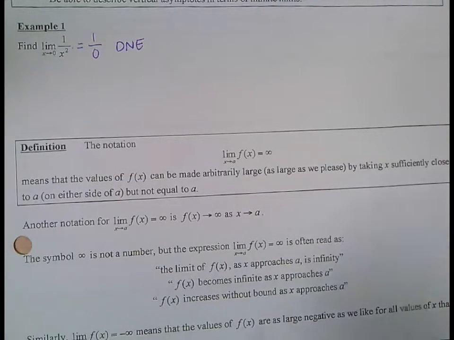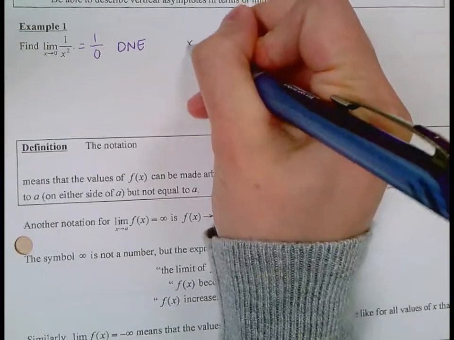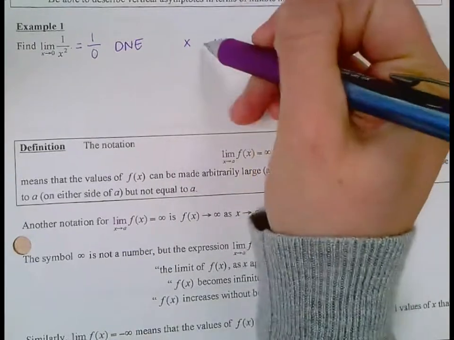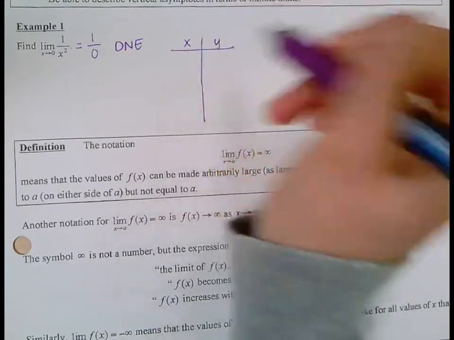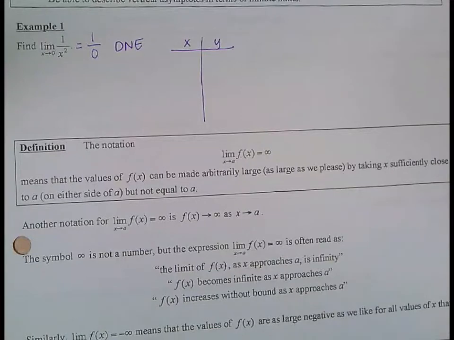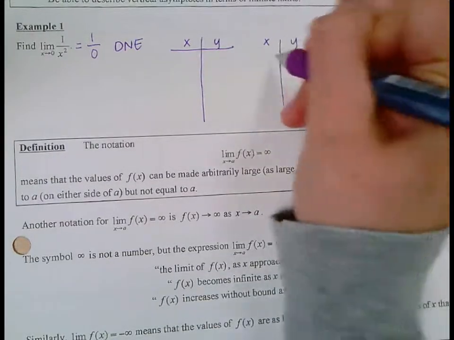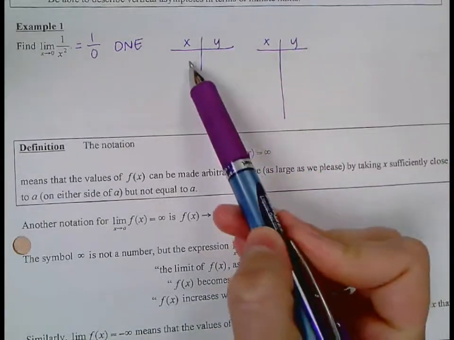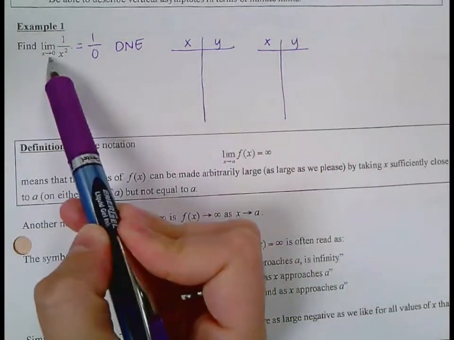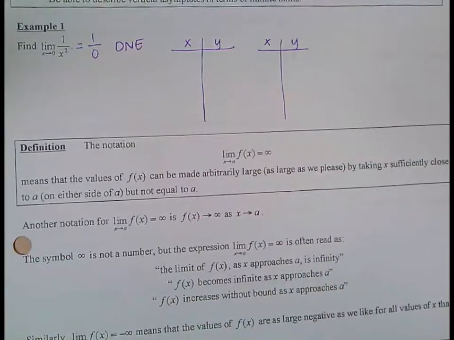However, if I were to go back to the first method we learned for finding or estimating limits by making tables, numerically, I want to pick some x values that approach 0 from either side, from the left and from the right.